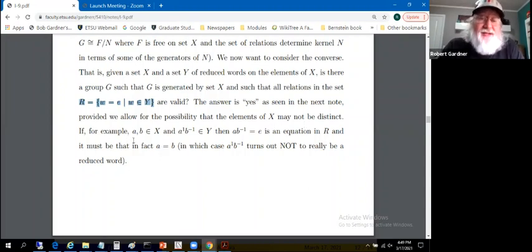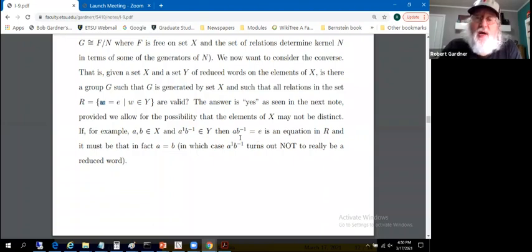For example, suppose we had a, b as symbols, and we had a to the first power, b to the -1 power as a relation up here. So we get it as one of the words in this set R. Being in set R means that word equals the identity. So we get a^1 b^-1, that is a b inverse, equal to the identity.